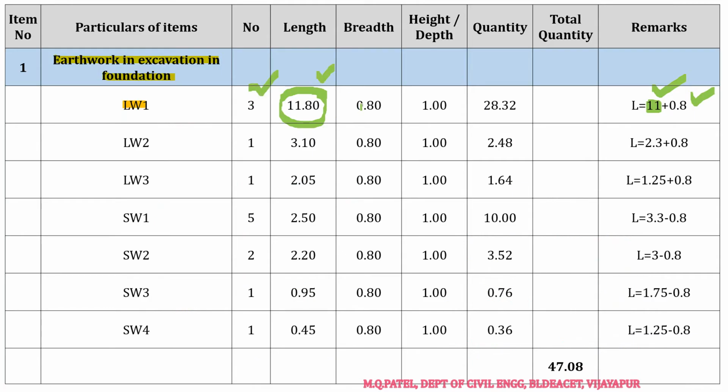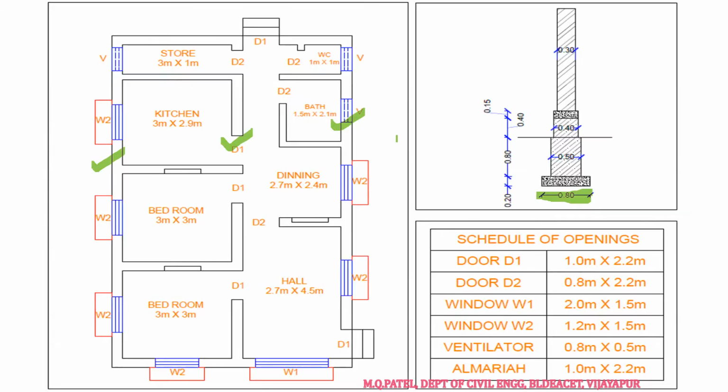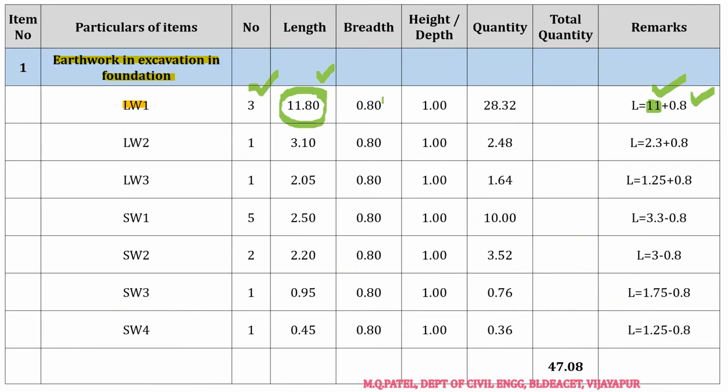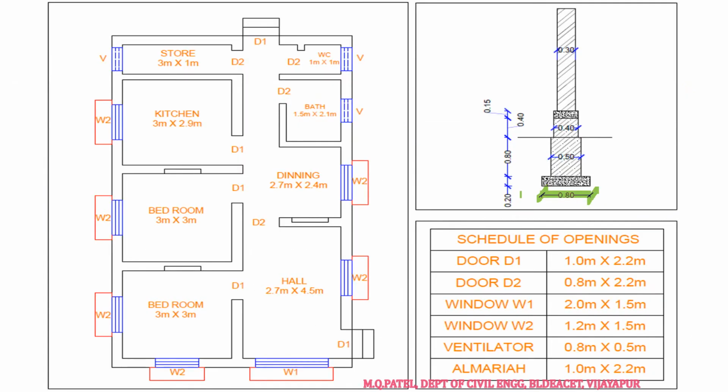This is regarding length. Breadth and depth are easily visible in the figure itself, right? So in the figure, what is the breadth of excavation? The breadth of bed concrete is the width of excavation we do, that is 0.8. Then next the depth, this is the ground level, so from here the depth of the uncoursed masonry is 0.8 and the depth of bed concrete is 0.2.